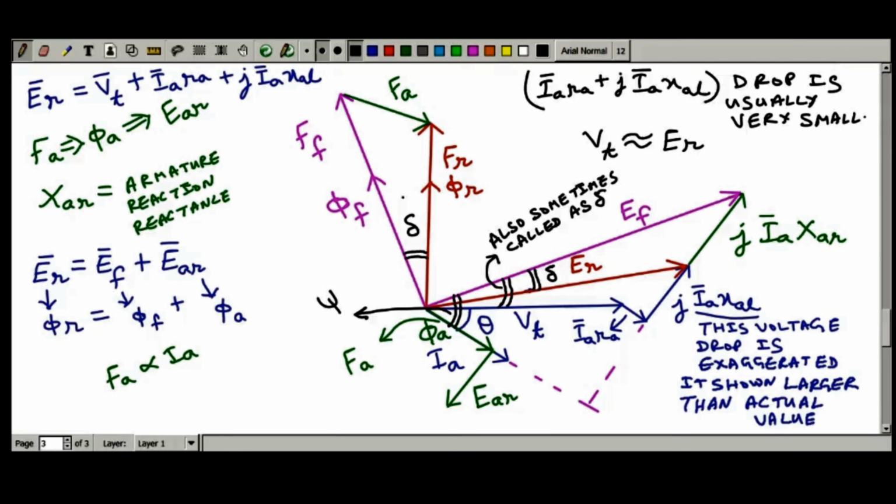So in that case you can omit the MMF part and only draw the phasor diagram involving the induced EMF, the terminal voltage, the armature current, and the various drops, the armature leakage reactance drop and armature resistance drop. So I will draw this phasor diagram once more, but this time without the MMF part. Okay, any question you would like to ask up to this point?